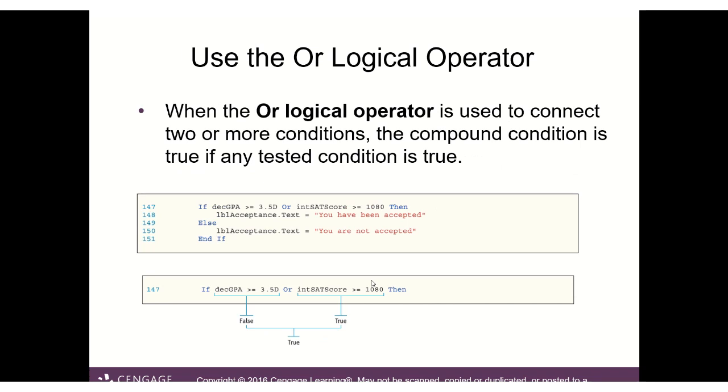But or is a little bit different. Any one of these needs to be true. In this case, line number 147, you see the first one is false. DEC GPA greater than or equal to 3.5 is false, but the other one, int sat score, that is 1080, is true. So then it makes everything true in the control structure defined at line 147.